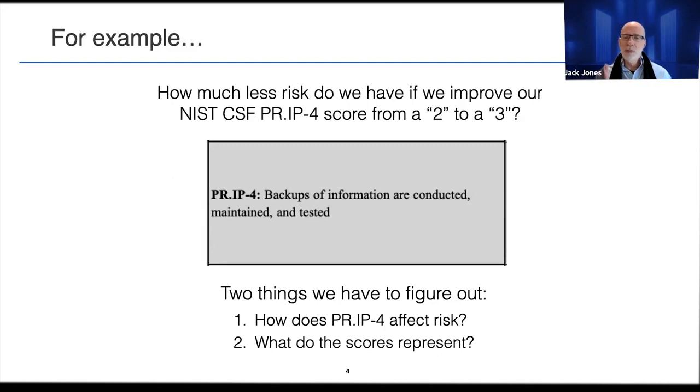What is its effect on risk? I mean, we all know that backups of information are important and that they should be maintained and tested and all that good stuff. Exactly what is the mechanism by which that affects risk? And if we can answer that, then what do the scores mean? A 1 through 4 score or whatever the case might be.